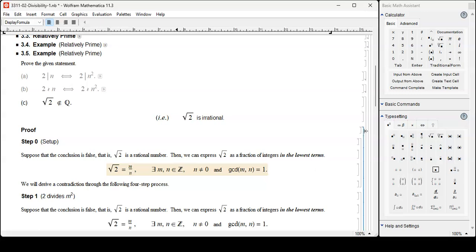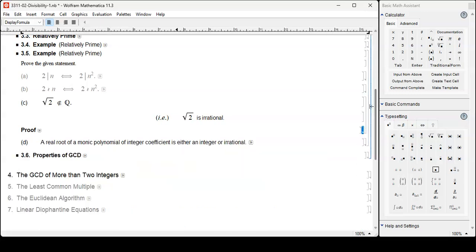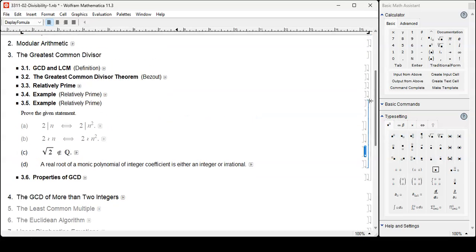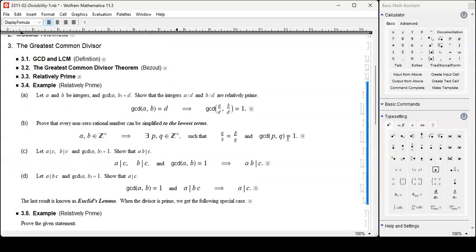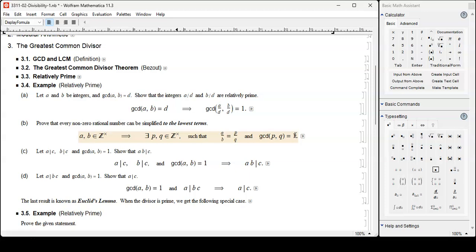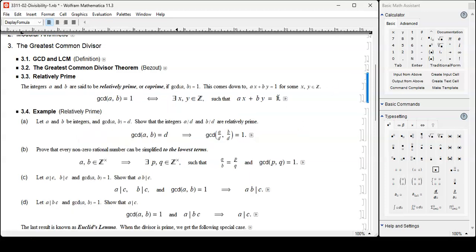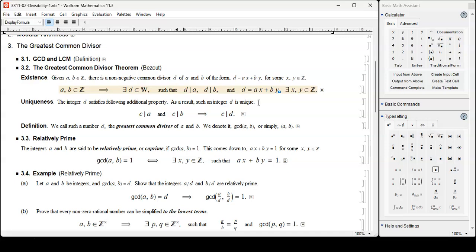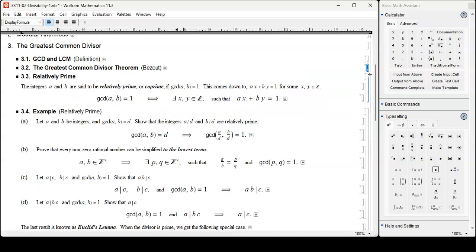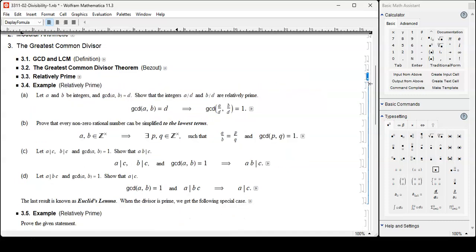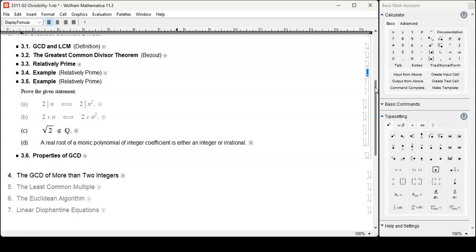Well, we have the proof now, and the proof was done here, 3.4b, using the GCD concept, Bezout expression of relatively prime, which came from Bezout expression of GCD, the linear combination. Amazing, they're all related.